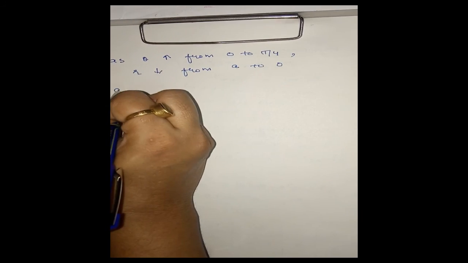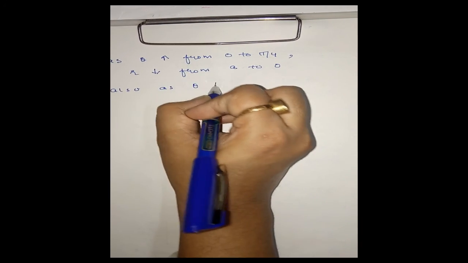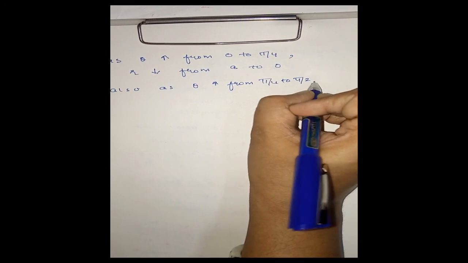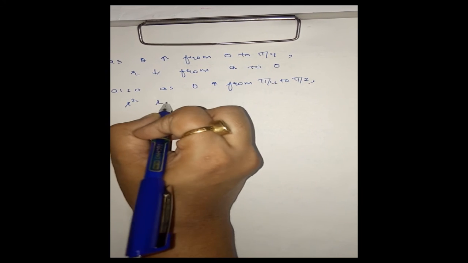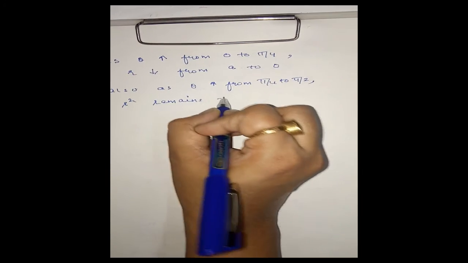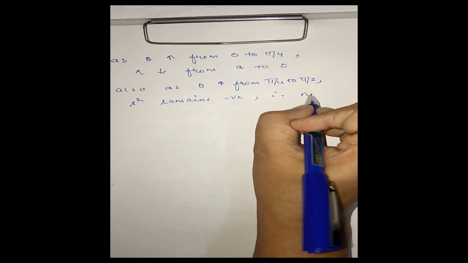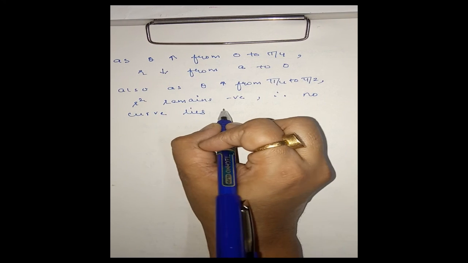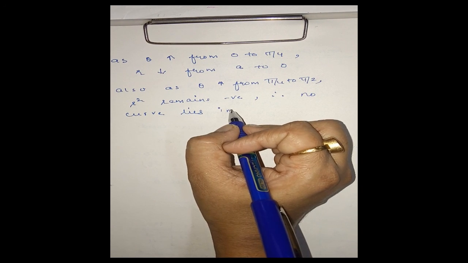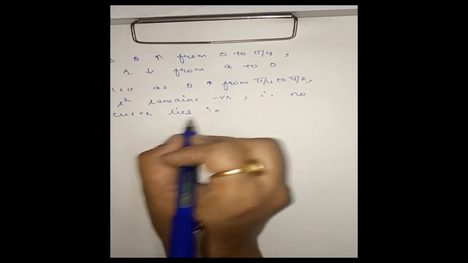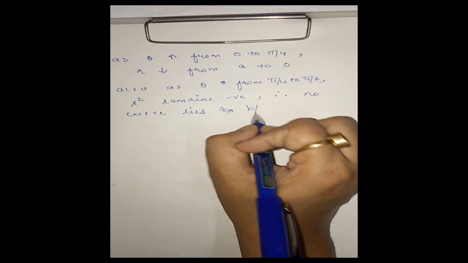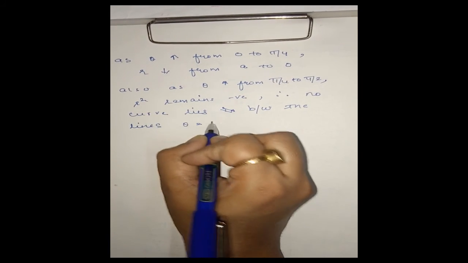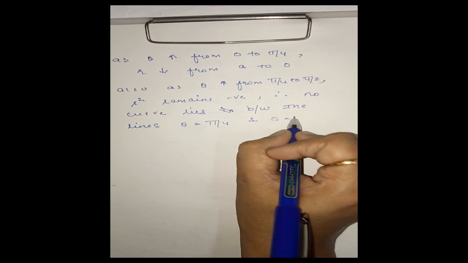Also, as theta increases from pi by 4 to pi by 2, r square remains negative. Therefore, no curve lies in the interval pi by 4 to pi by 2, or no curve lies between the lines theta is equal to pi by 4 and theta is equal to pi by 2.